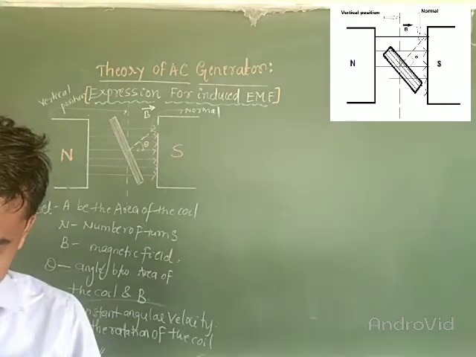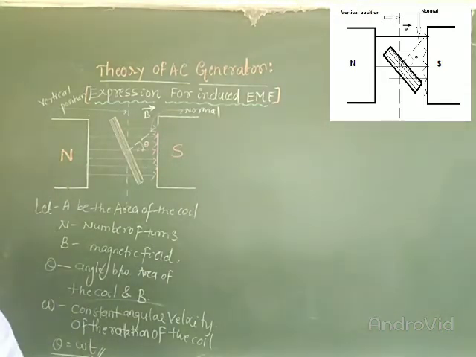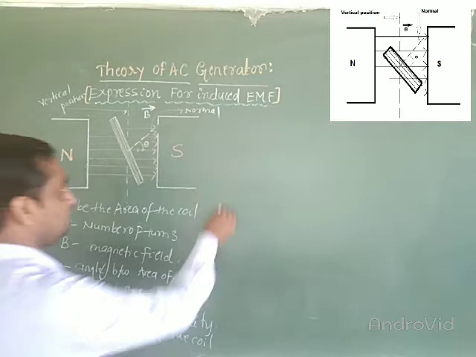Now, by the definition of magnetic flux, the magnetic flux linked with the coil at any instant of time t can be written as what here?